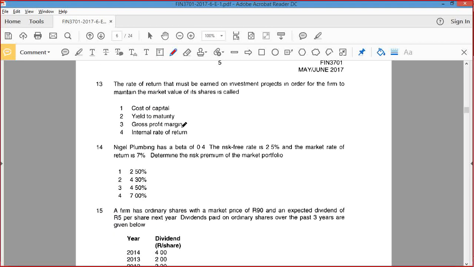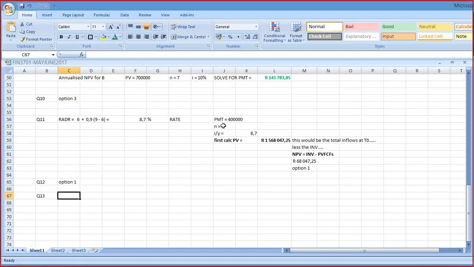13 is theory. The rate of return that must be earned on investment projects in order for the firm to maintain the market value of its shares is called cost of capital. If you generate an IRR equal to your cost of capital, you're not going to add value, you'll just maintain the market value.